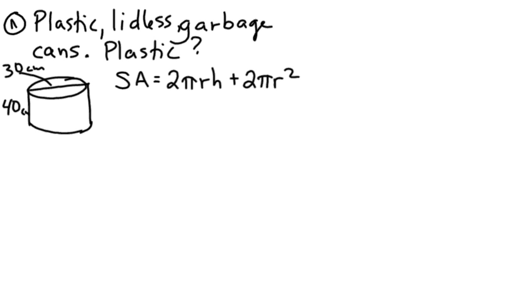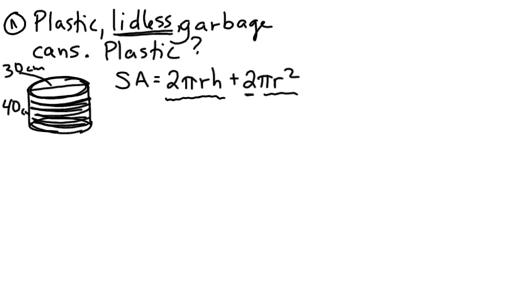Well, the big thing is the fact that it's lidless. If you think about it, you don't have a top on it. It's just always open to put in whatever has to go into the garbage. So how does that change our formula? Well, the surface area, we still have all of this rectangle piece, but we no longer have 2 circles.